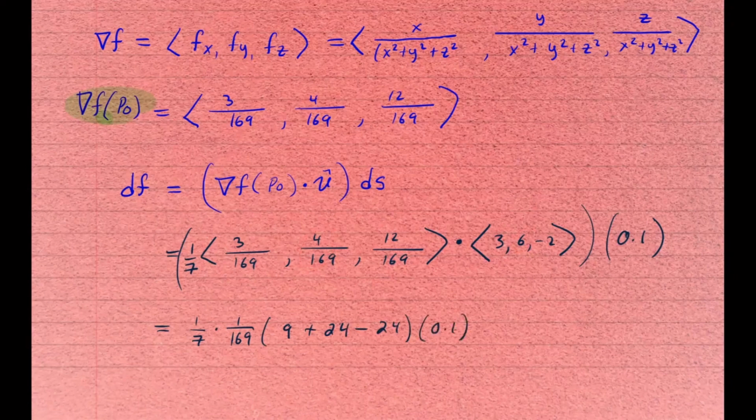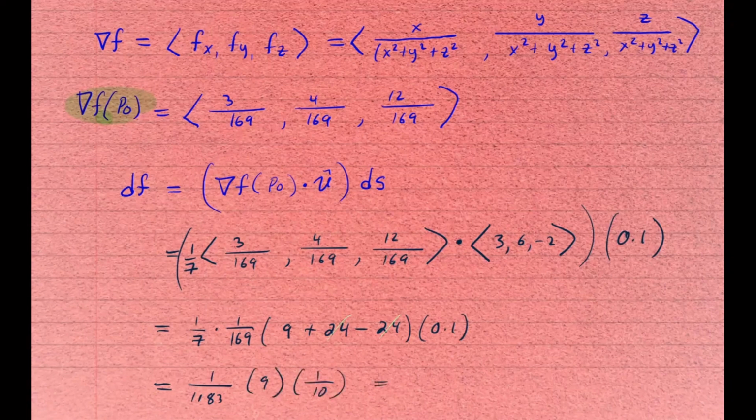And then, of course, this will simplify further. So these guys will cancel out. So this will leave us with 9, and 7 times 169 is going to give us 1183. Okay. And then we have 9 times 0.1. 0.1, I can write that as 1 over 10.